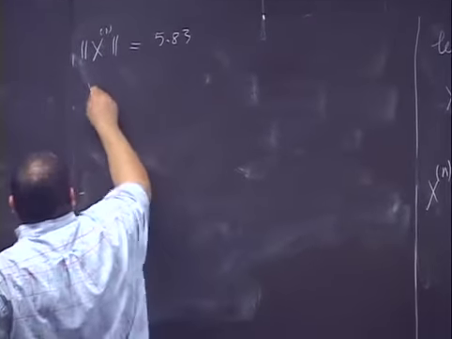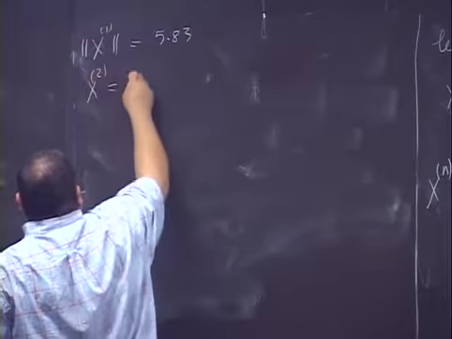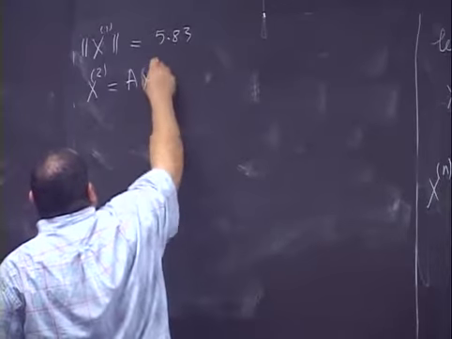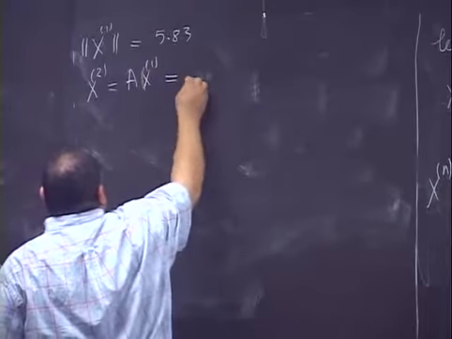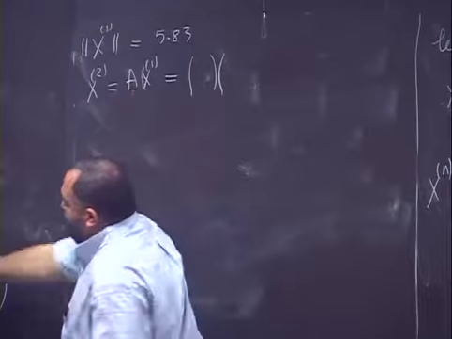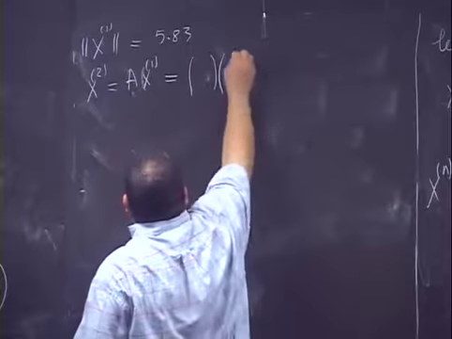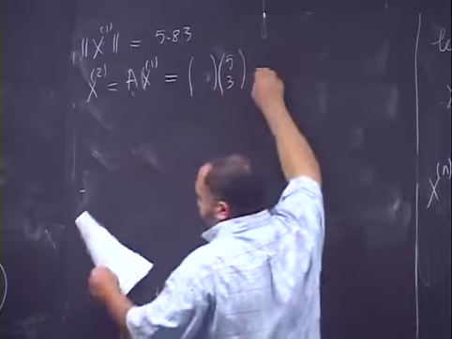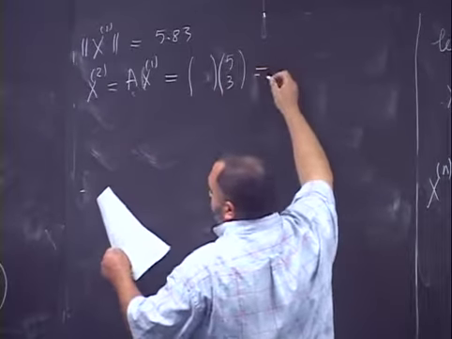Let's look for x2. x2 is just equal to A multiplied by x at iteration 1. If you multiply again, A is just the same matrix. You will multiply it by the new vector. Now the new vector is 5 and 3. This will give you 14 and 10.